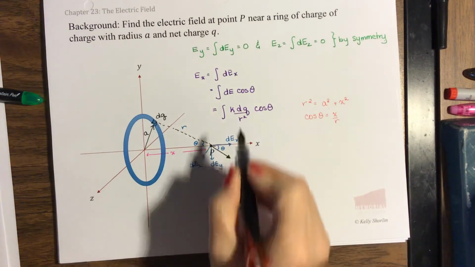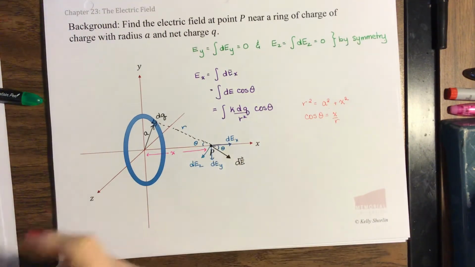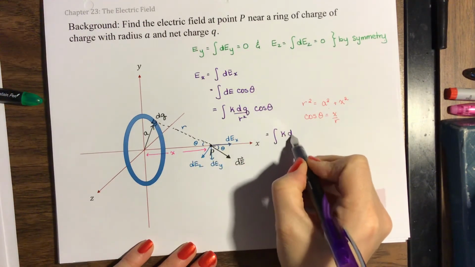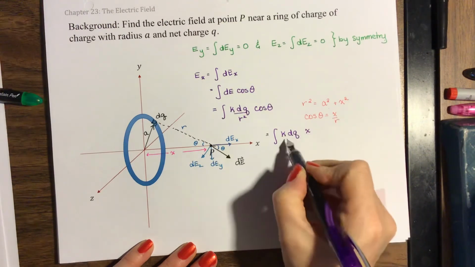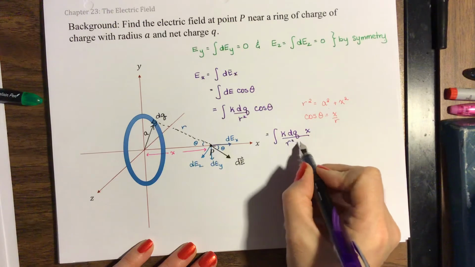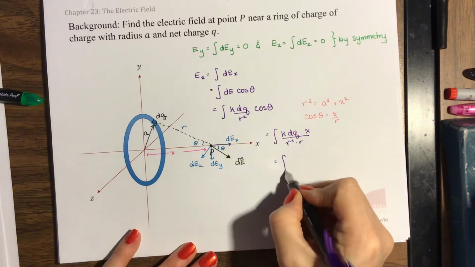So if I put these things in here, my Ex then is equal to the integral of k times dq times x over r squared times r. That's going to give me r cubed.